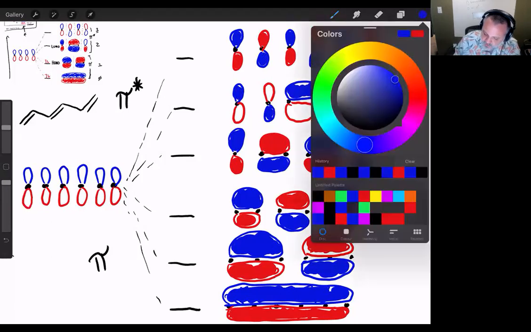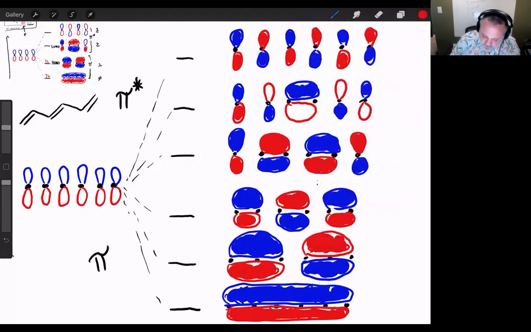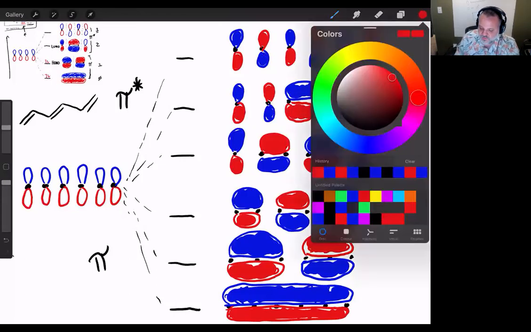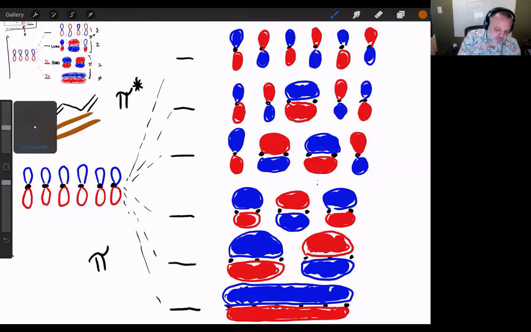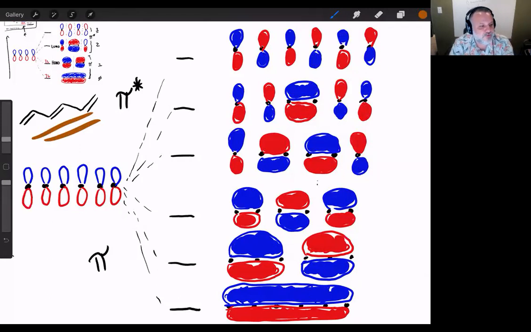Which one is the lowest unoccupied molecular orbital and which one is the highest occupied molecular orbital? When we think about that, we want to think about how many electrons are in the pi system that we're putting into the molecular orbitals.